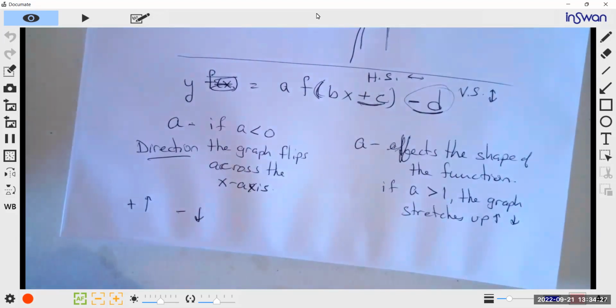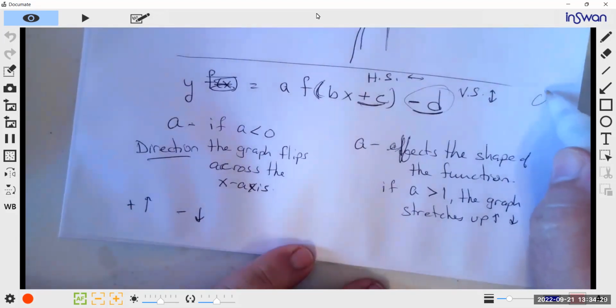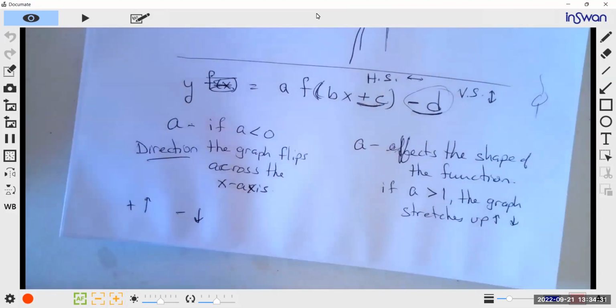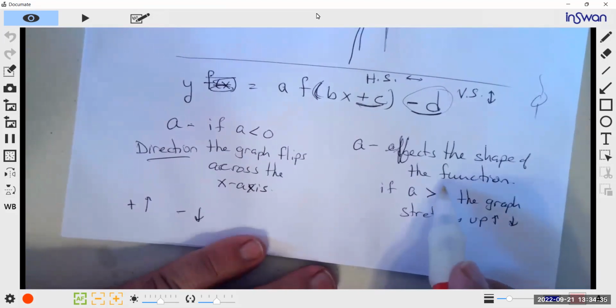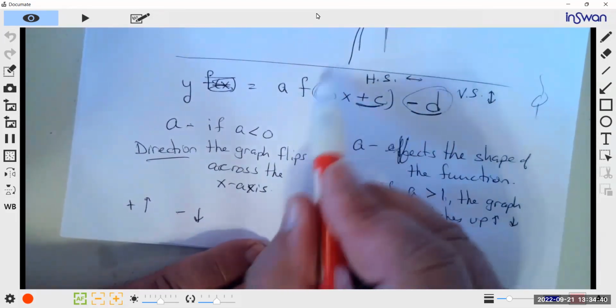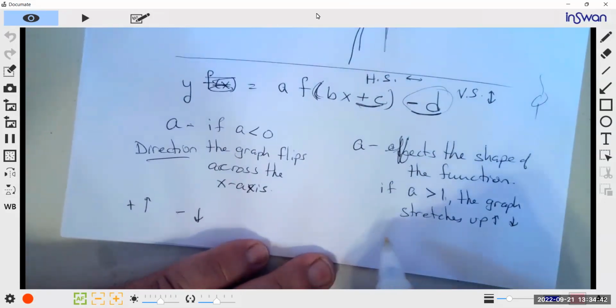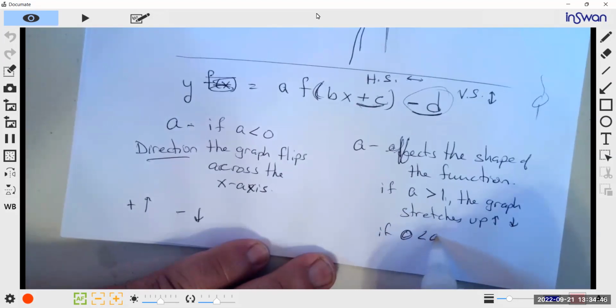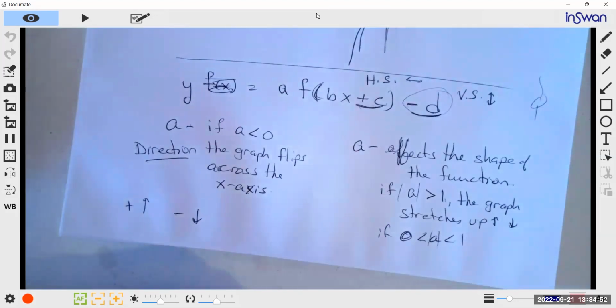It's like a silly spring. If you hold it, you just pull it top and bottom and make it into a big oval. So in other words, if the leading term is greater than 1, that means this number grows a lot faster. If A is between 0 and 1, I should say the absolute value of A, because the same thing happens if it's positive or negative.